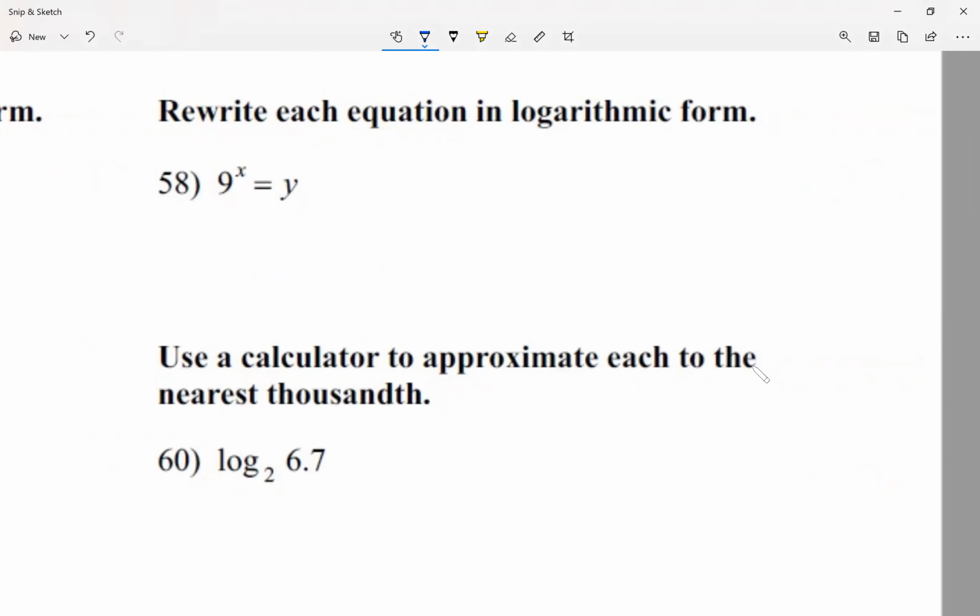I know x is the exponent, so that is what I'm going to have after the equal sign. The base is 9, so let me write this as log base 9 of y is equal to x, right? I knew x was going to be by itself after the equal sign. And that's it.